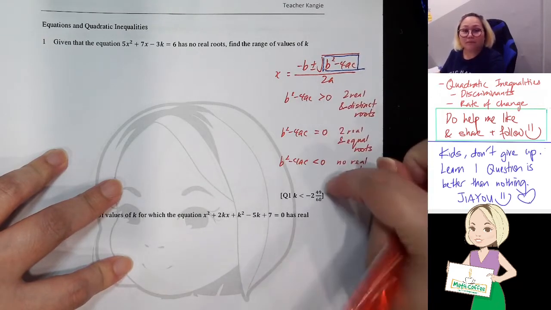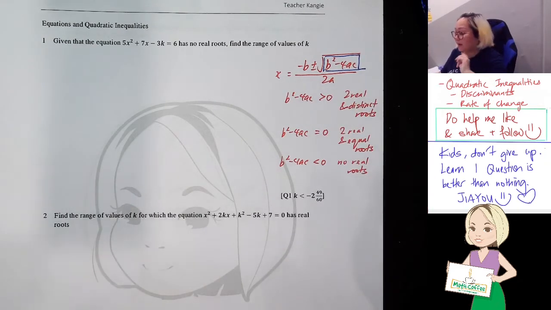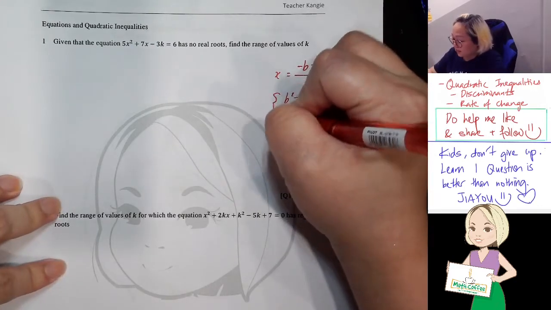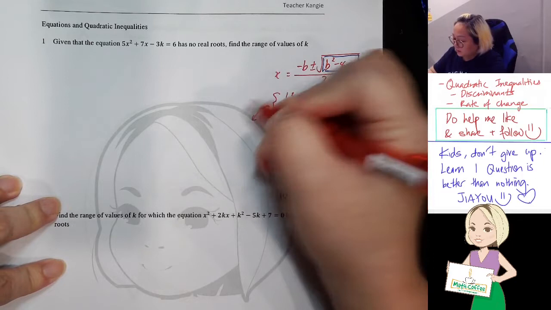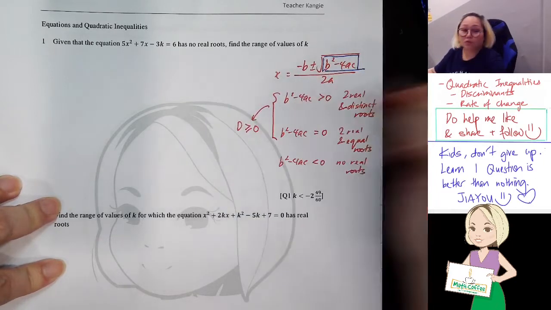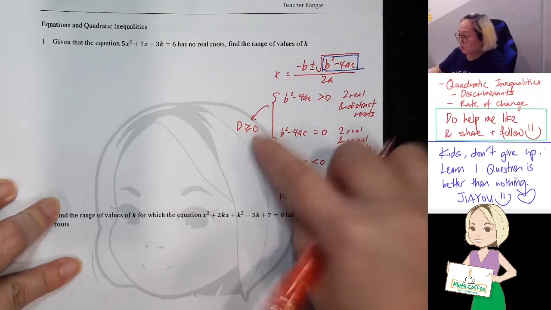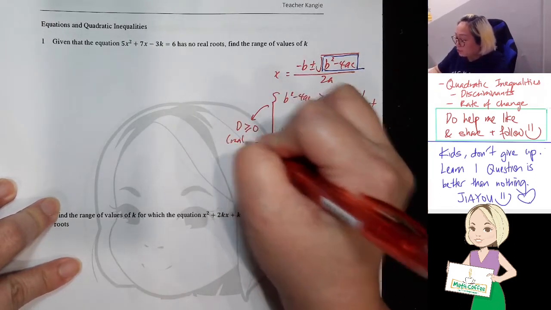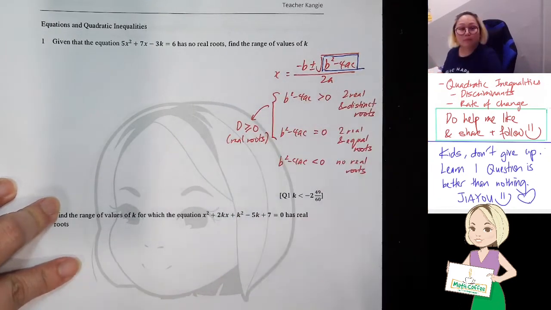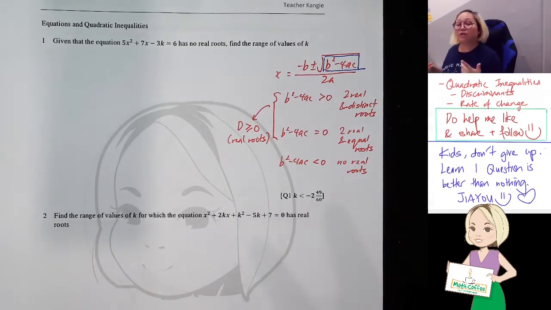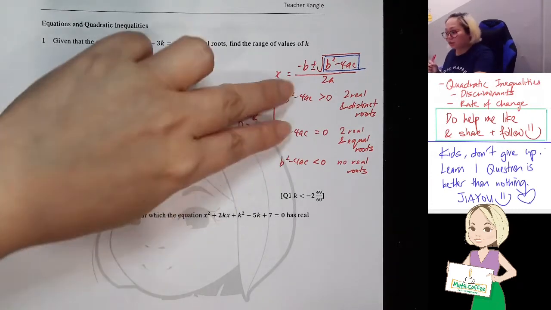The only time there's a special case, number 4, is when you combine these 2 together: the discriminant is more than or equal to 0. When do you use discriminant more than or equal to 0? When I tell you that it has real roots. If it's real roots, then you will have to combine, because I have real roots, but I don't know whether they are distinct or equal.